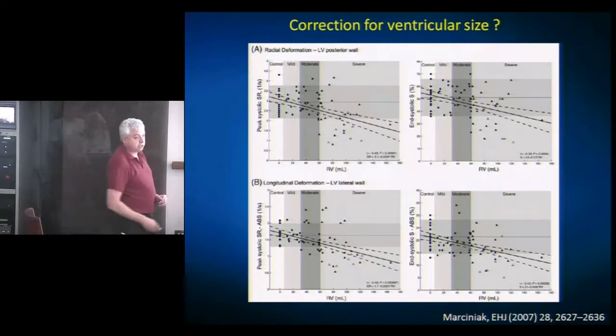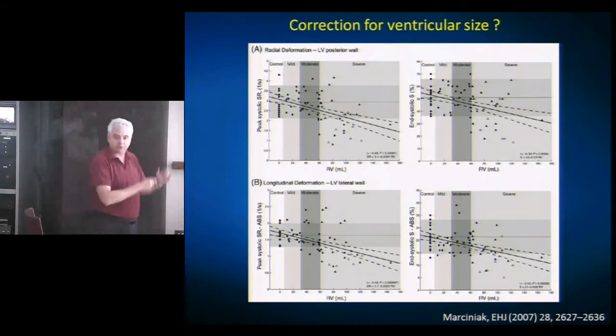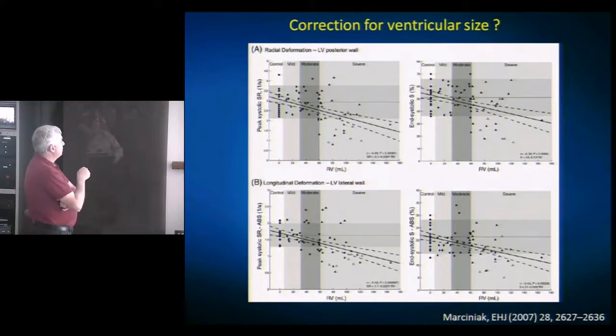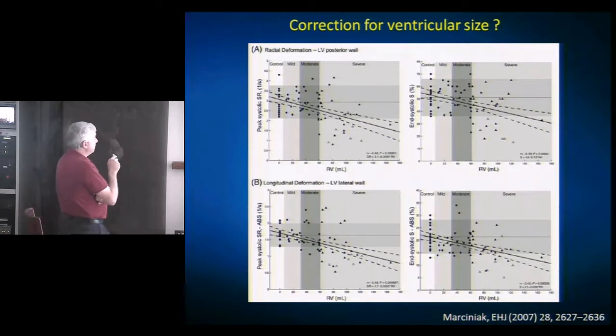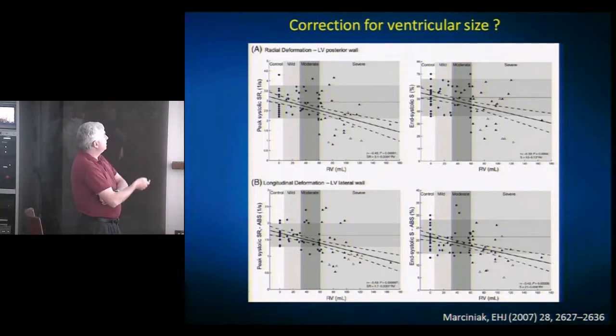So we asked the question in aortic regurgitation, and it looks exactly the same graphs, but this is for mitral regurgitation, and it's the same group, Anna Marciniak from the Leuven group. And you can ask the question, well, should we correct strain and strain rate for ventricular size or volume? This is the uncorrected strain rate, and here's strain.